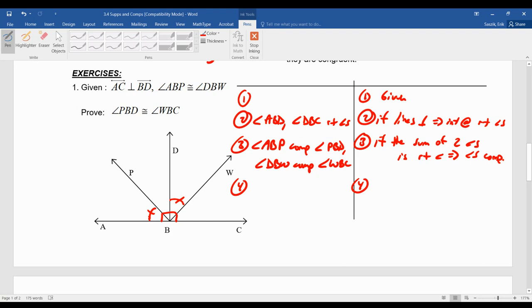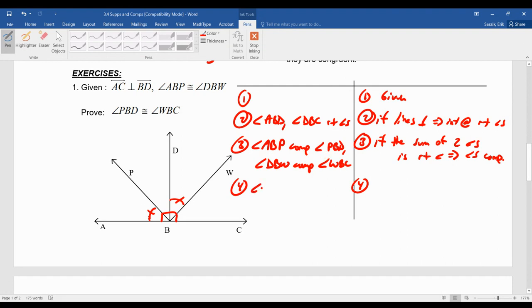And so now, look, these are the two angles that we need to show congruent. We've mentioned both of those angles here. We've said that they're each comp to these two angles, and we've said that those two angles are congruent. So now these two angles must be congruent because they're comp to congruent angles.